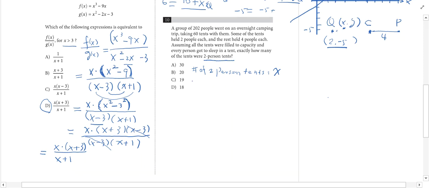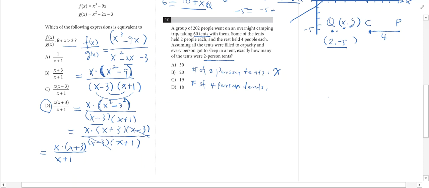then what is the number of 4-person tents? Look here, in total you have 60 tents, including 2-person and 4-person tents.